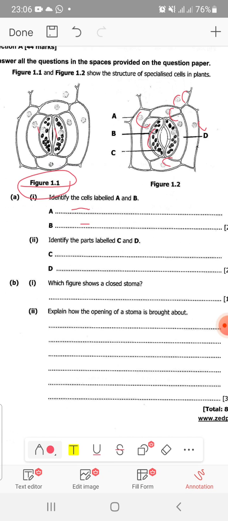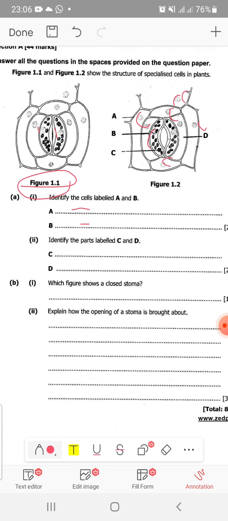The opening of the stomata is mostly influenced by two factors. One, the gaining of water. When the guard cells gain water, they start swelling. The swelling due to excess gain of water makes their curved shape form, and hence opens the stomata.